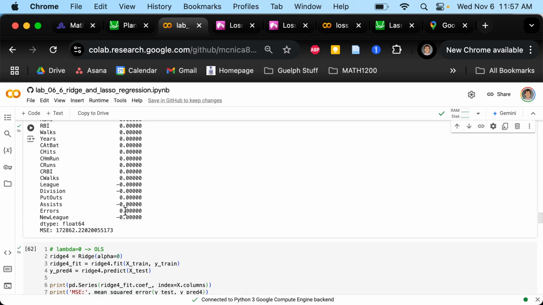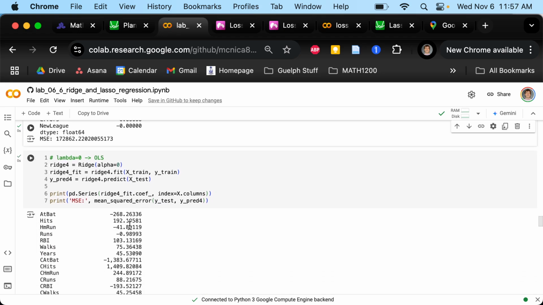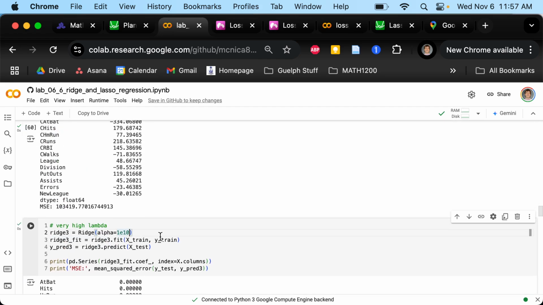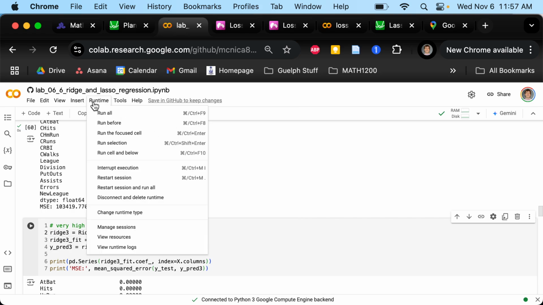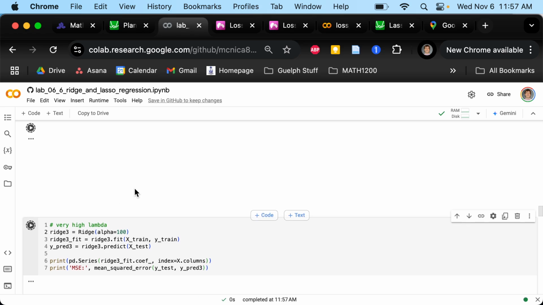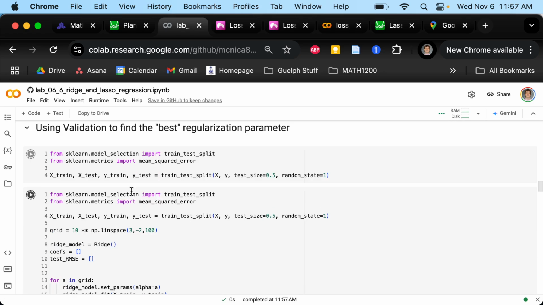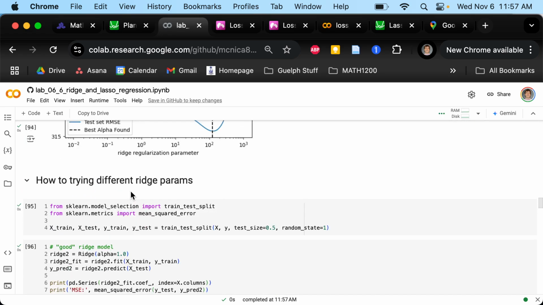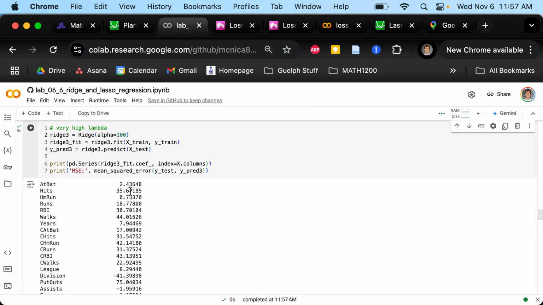I guess the computer stopped writing coefficients. Okay, I want to rerun this with something slightly less. Let's do 100 and hope that this runs. Because 10 to the 10 was too big. The computer thought they were all 0. Okay, 100.